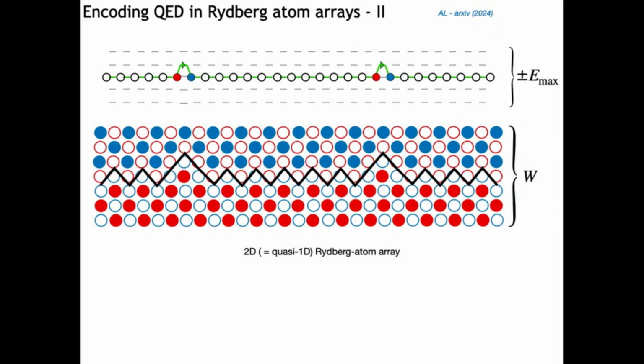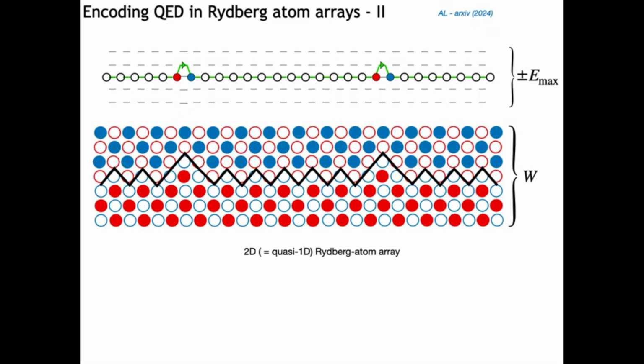So the main point is that now we use a quasi-one-dimensional strip, a quasi-one-dimensional Rydberg atom array. I told you before that these neutral atoms can be completely reconfigured in arbitrary geometry, right? So if you arrange them in this quasi-one-dimensional strip, then essentially you can work in the regime where this Rydberg atom array maps to an antiferromagnet, right? So these checkerboard and anti-checkerboard configurations that you see in the top and the bottom part of the strip are basically the two antiferromagnetic states of this effective magnetic Hamiltonian, right?